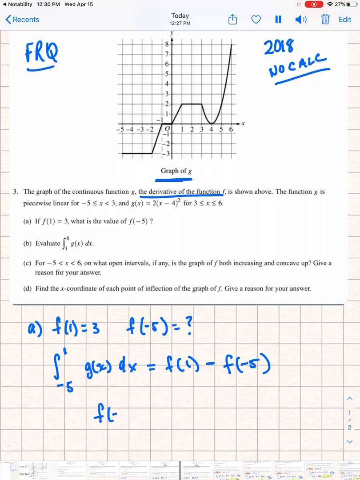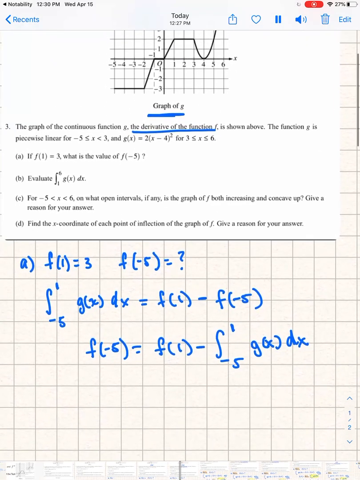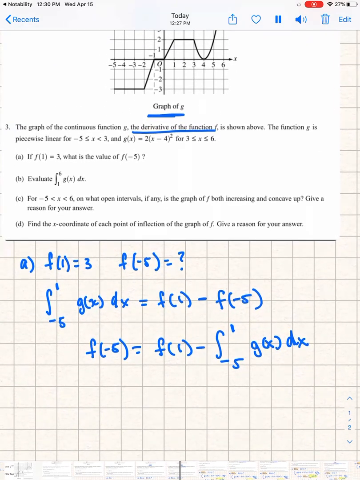So f of -5 is going to equal f of 1 minus the integral from -5 to 1 of g of x dx. All right, so that helps us a little bit so far, but not anything great yet. But we do know f of 1 is given to us.